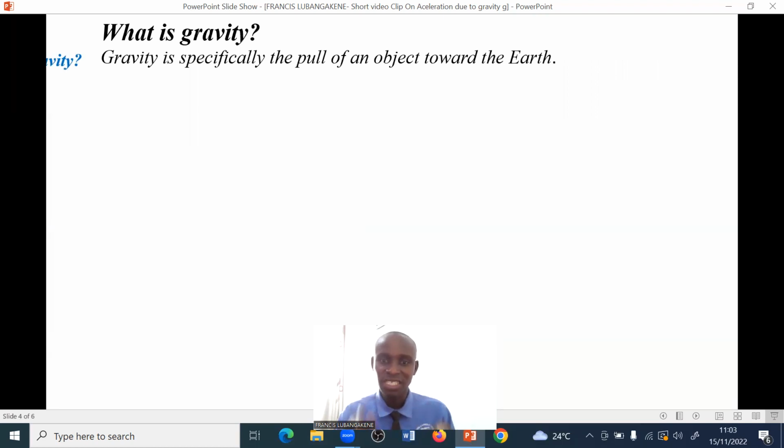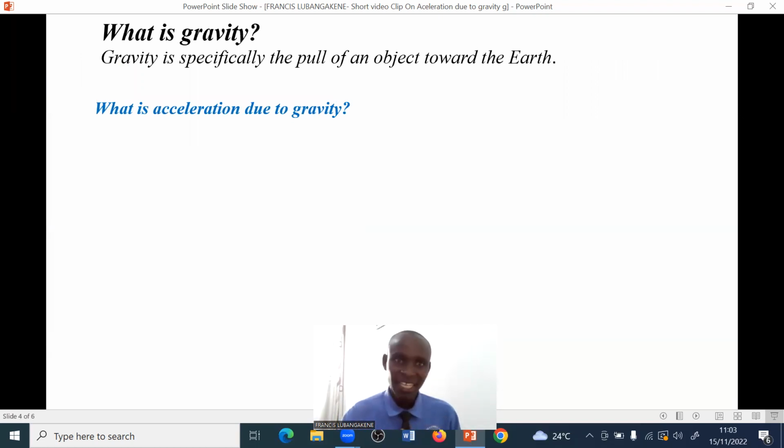Today we are studying the Earth, so the force that pulls is gravitational force. Gravity is the pull of that object towards the Earth's surface, as the mango fell freely. Now, what is acceleration due to gravity in general?